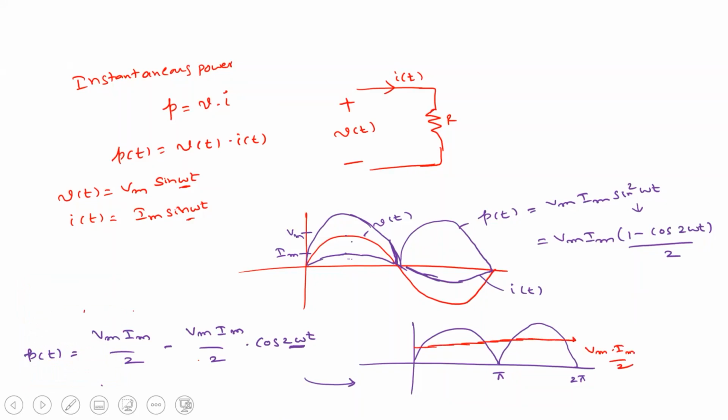The overall thing is p of t, which is Vm Im by 2 minus Vm Im by 2 cos 2 omega t. The cos 2 omega t is the double frequency component.